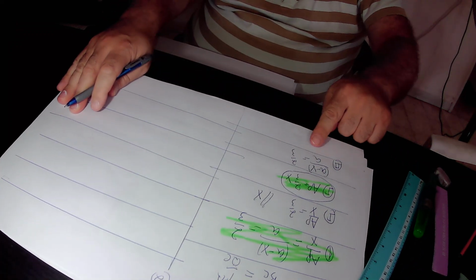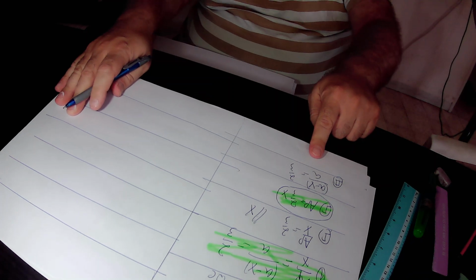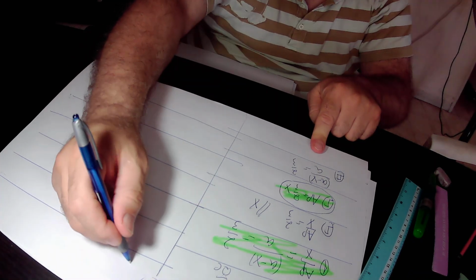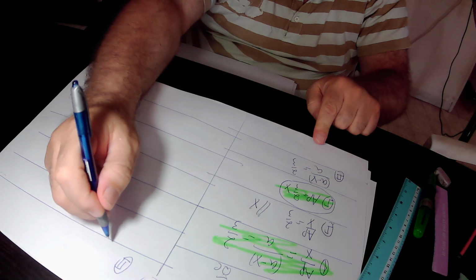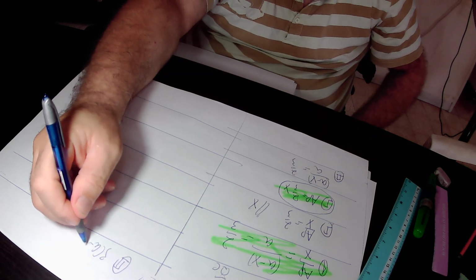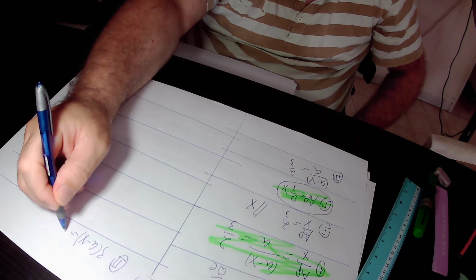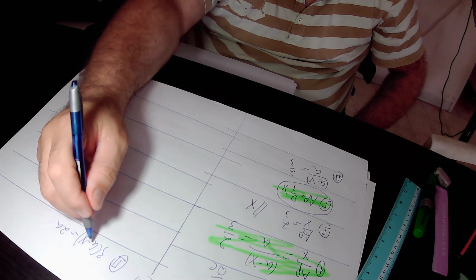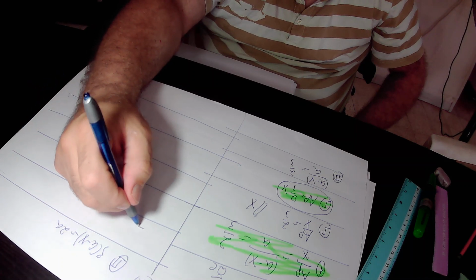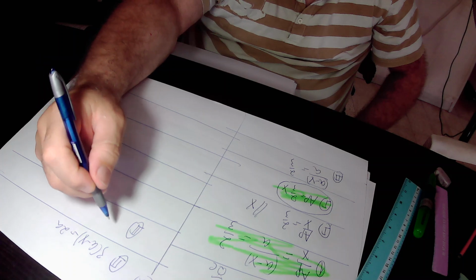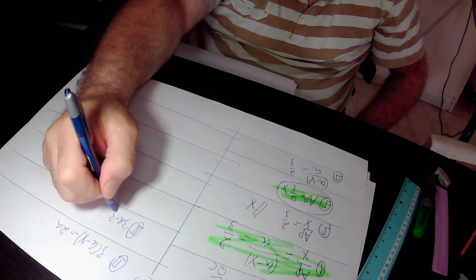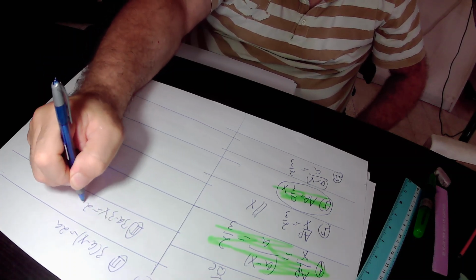So we multiply this equation 2, and we find that according to equation 2, 3 times A minus X equals 2A. We open the brackets on this side of equation 2, and we get that 3A minus 3X equals 2A.